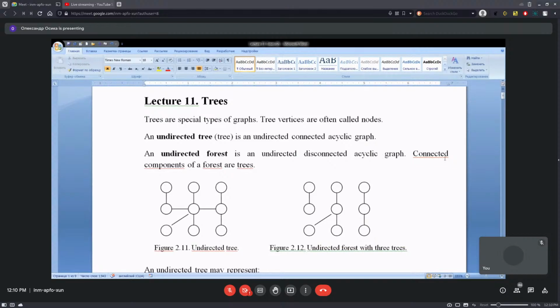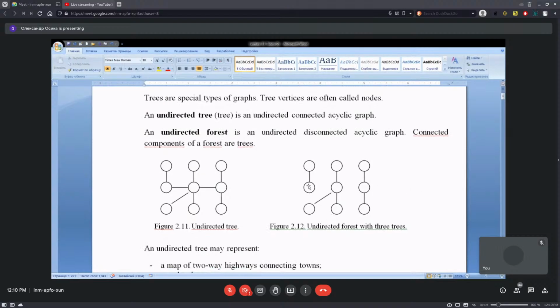An undirected forest is an undirected, disconnected, acyclic graph. Connected components of a forest are trees. For example, this is a picture of an undirected tree.